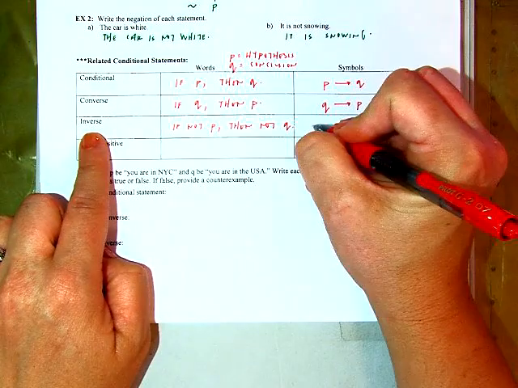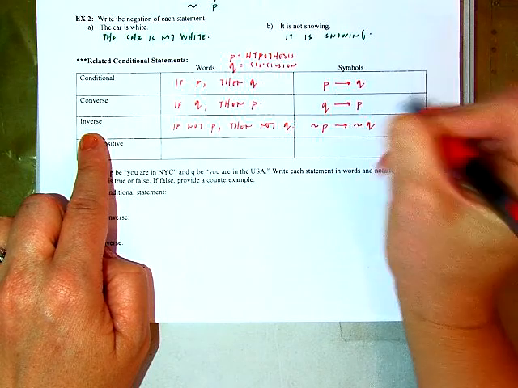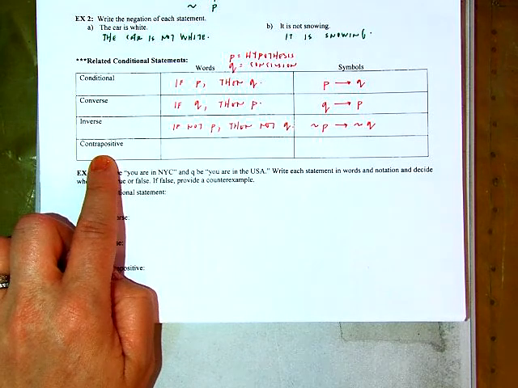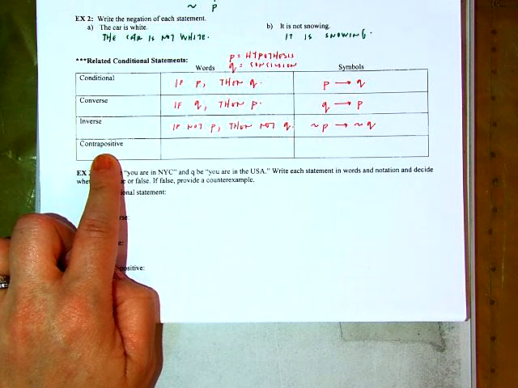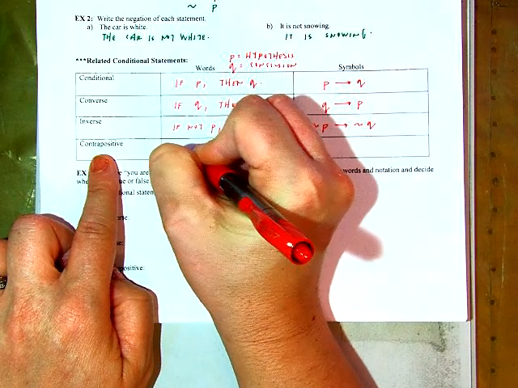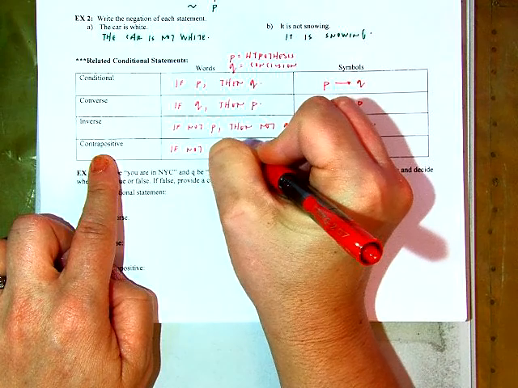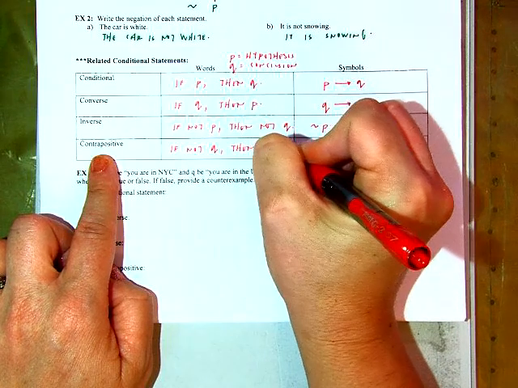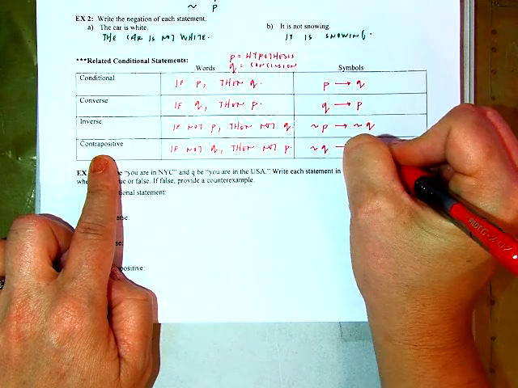So in symbols, we'd say, well, not P to not Q. And then the contrapositive, here, we are negating the converse. So we would say, if not Q, then not P. So not Q to not P.